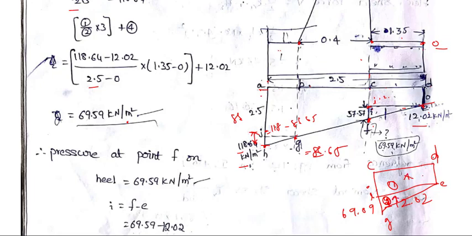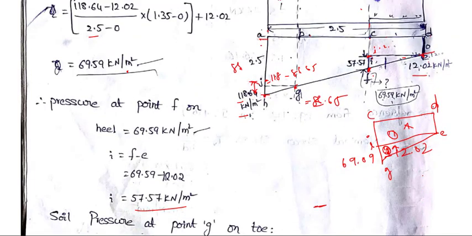These both are acting upwards. I hope you understood this step. This entire part is acting upwards. For simplification we are dividing this into a rectangular portion as the first portion, and the next one is the triangular.